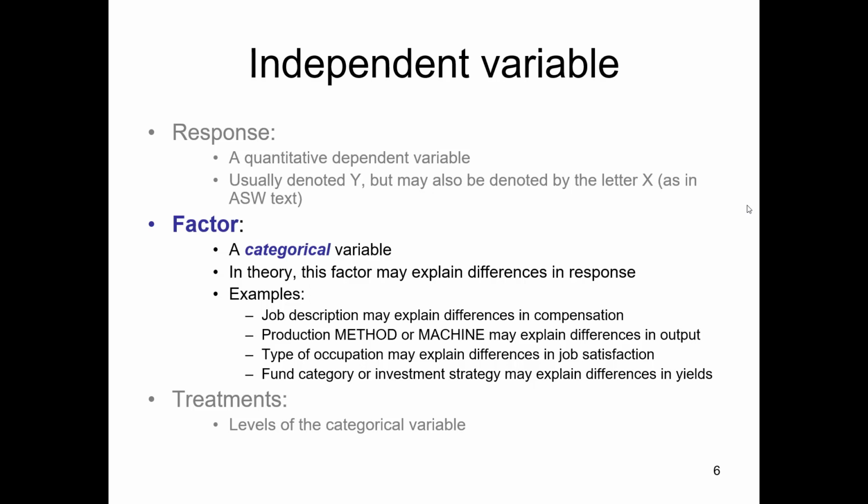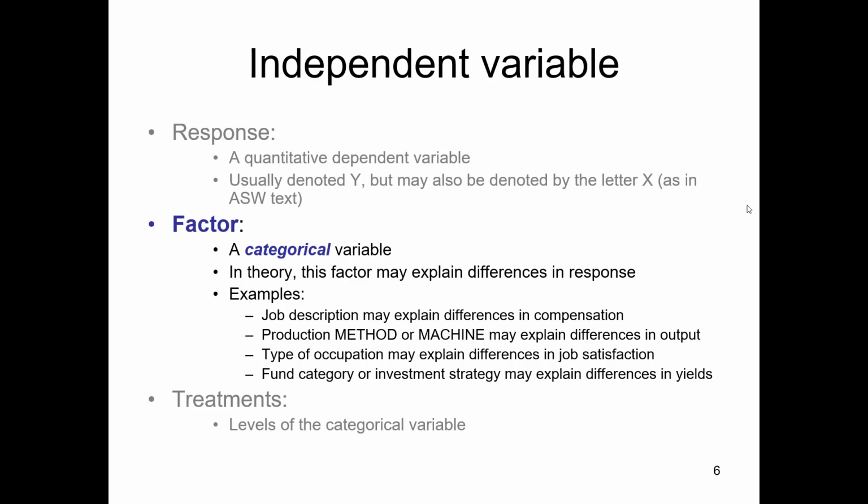And we noticed that job classification for three different jobs had different earnings levels, different compensation levels. Managerial classification made a different amount than the professional classification, which made a different amount than administrative classification. So that would be our factor.